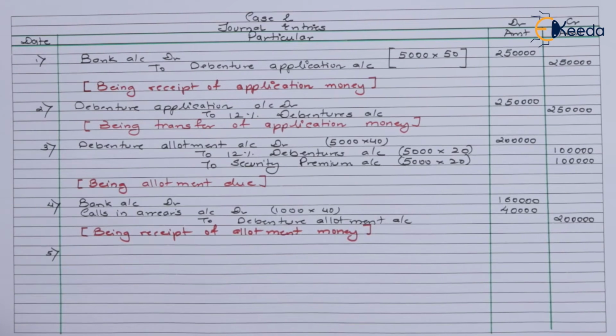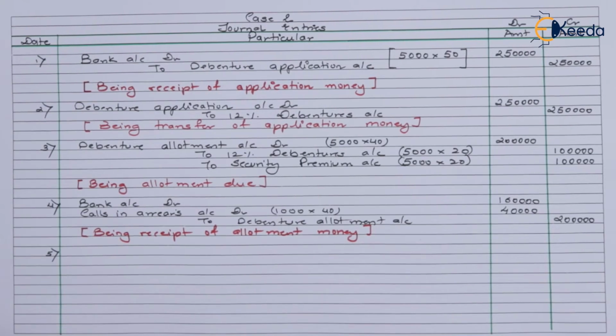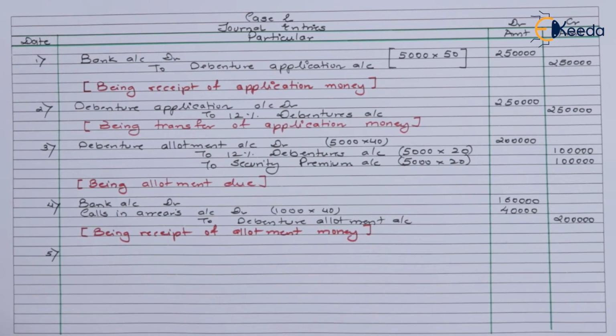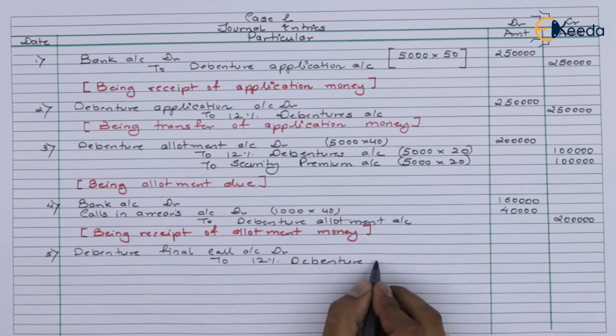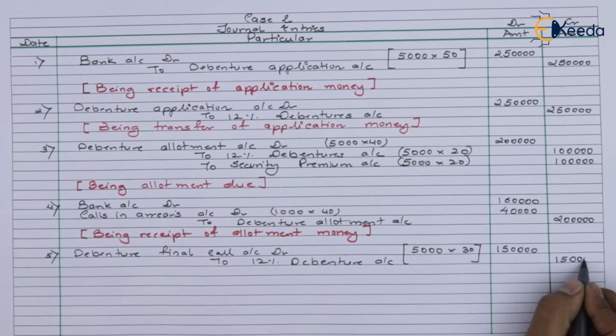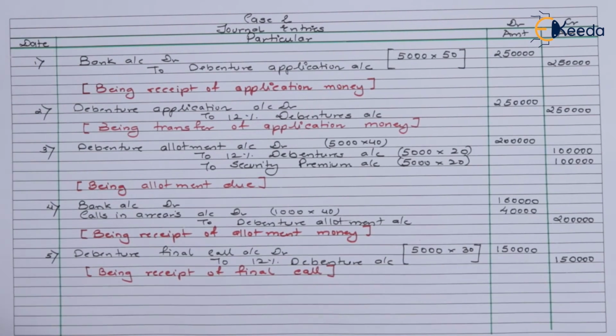Now, after this receipt, we have to mention the final call due. So let's mention that. On the final call, we're supposed to take 30 rupees on total debentures. So we'll mention that accordingly. So being the receipt of final call, we're supposed to receive around 1,50,000, which we have mentioned here.